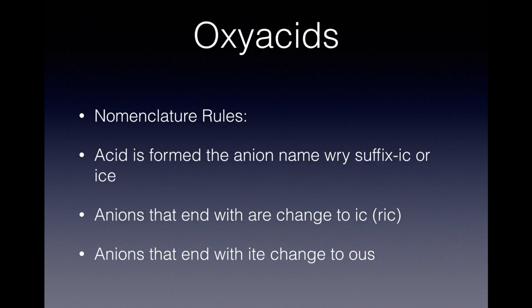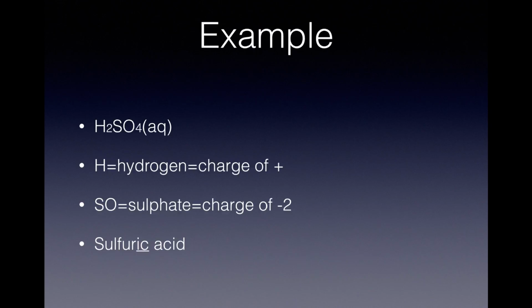Then oxyacids. The acid is formed from the ion name, so you use the suffix -ic or -ous. Ions that end with -ide are changed to -ic. Ions that end with -ate are changed to -ous. Here we have H2SO4 (aq).